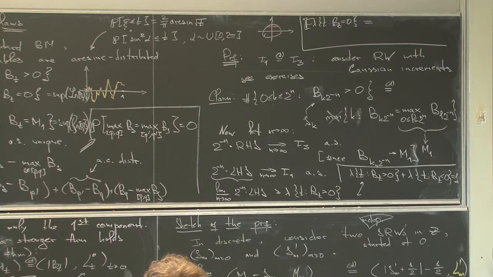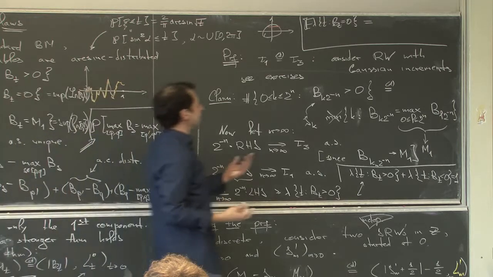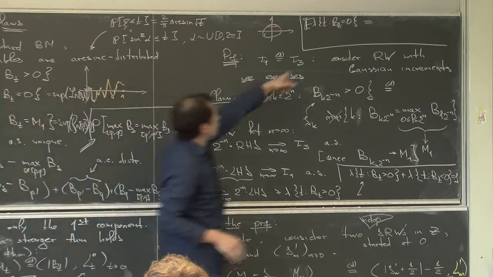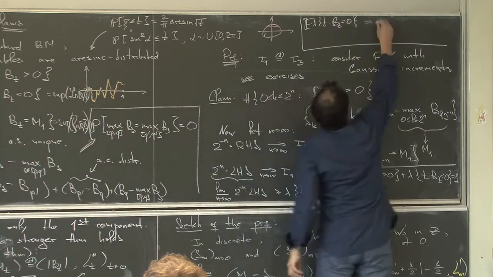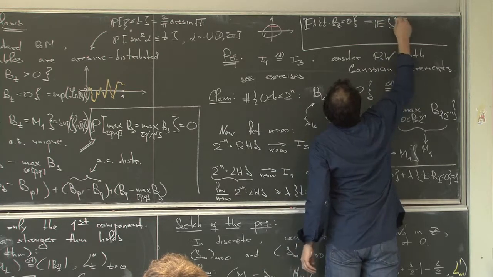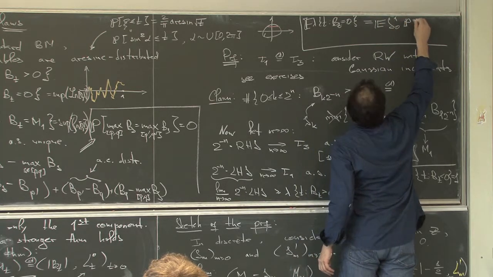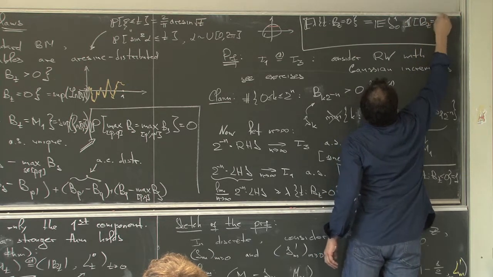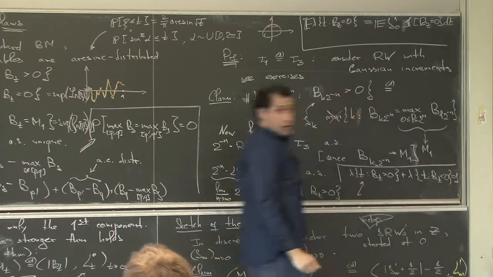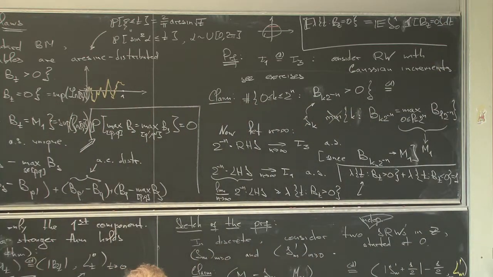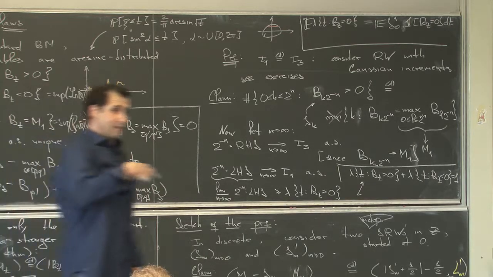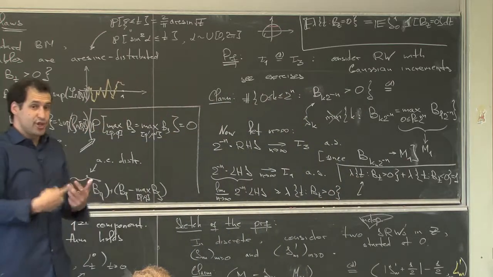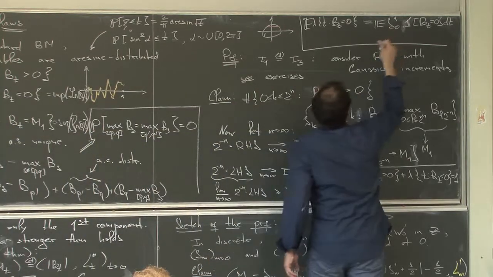So you have now two integrations, basically. One integration is over the probability space. The other integration is hidden here in t. So this is the expectation of the integral of the indicator that B_t is equal to 0, dt. And you know that the process is actually more than just a collection of variables, that it's actually measurable with respect to the product sigma algebra. So you can interchange this expectation with the integral.